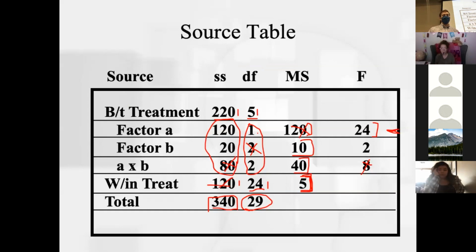So the numerator degrees of freedom is 1, the denominator is 24. For factor B, it's mean squares factor B divided by mean squares within treatments. So the degrees of freedom numerator is 2, denominator is 24. Same thing for the interaction: degrees of freedom interaction for the numerator, degrees of freedom within treatments for the denominator.